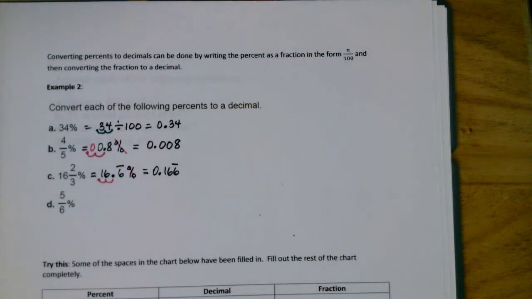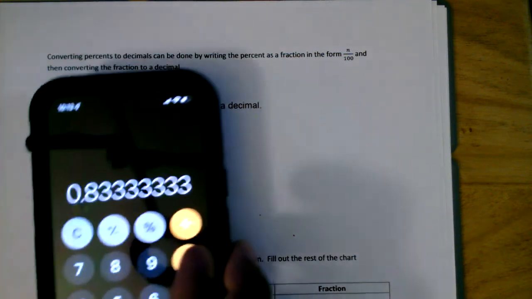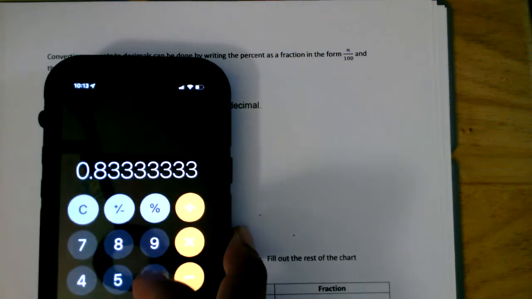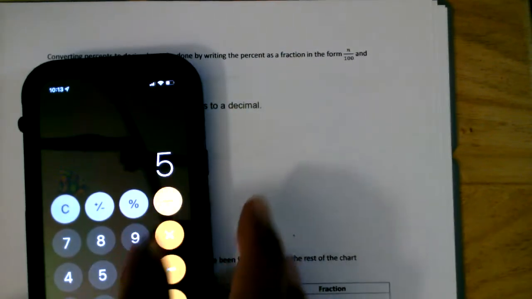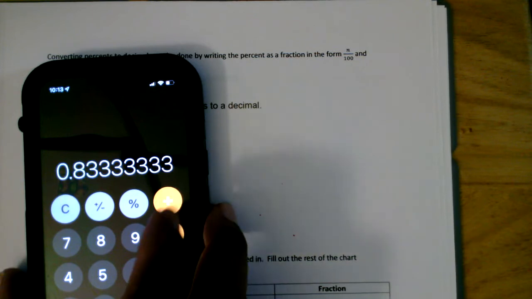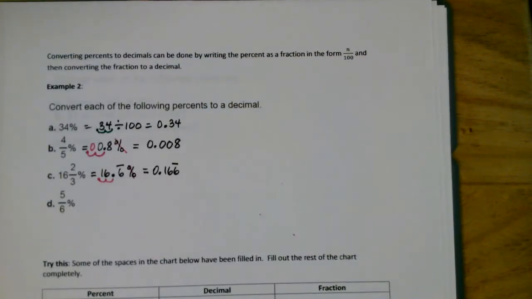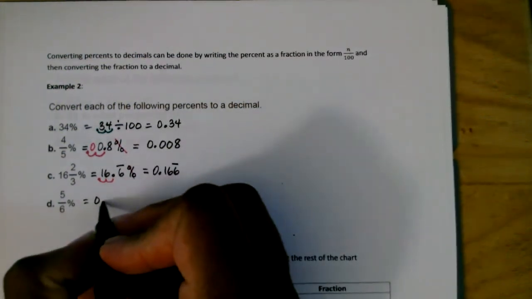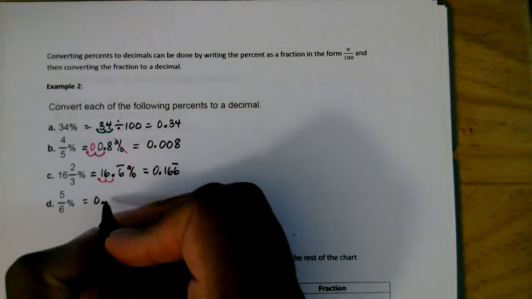And part D is 5/6%. Now in this case, I'm going to change 5/6 to a decimal by doing 5 divided by 6. And when I do 5 divided by 6, this is where I get 0.8333, as you can see, repeats. Here, the 3 repeats. So this will be starting off as 0.83.